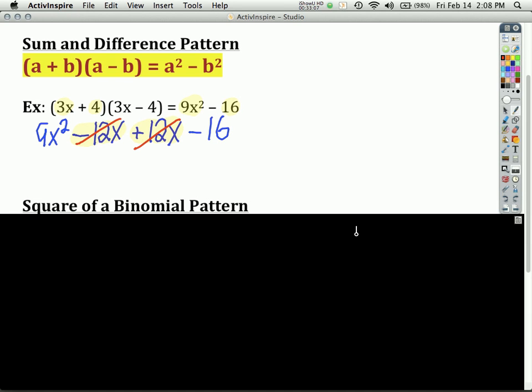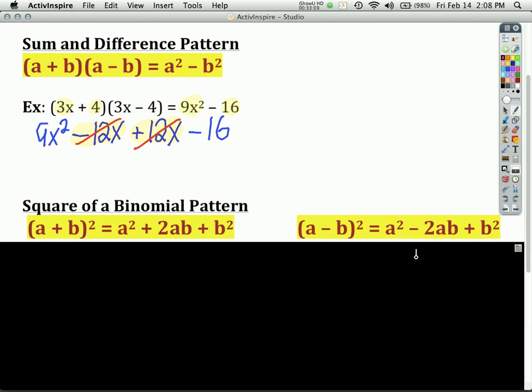If we have a similar case, but instead of it being the same expression but with opposite operation symbols, what if we have the exact same expression times itself? Well, that's actually a pattern as well. There's two versions, but it's really the same thing. Here's what will happen, and you're going to see it happen. We're going to do this together.